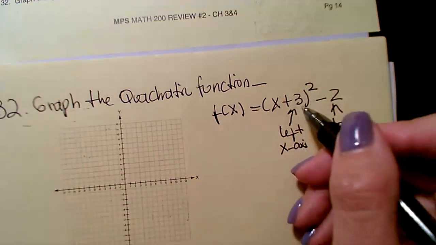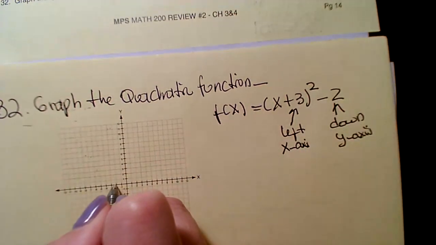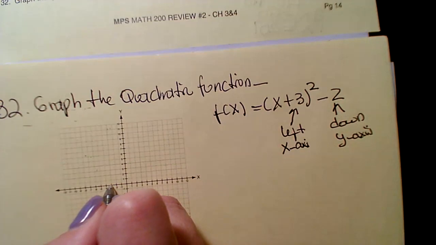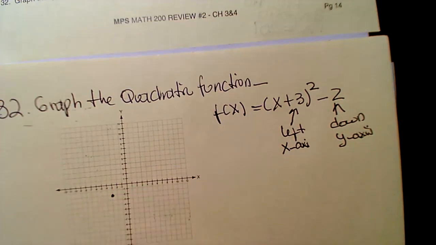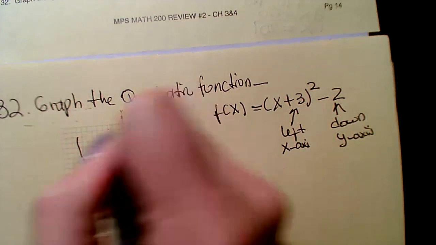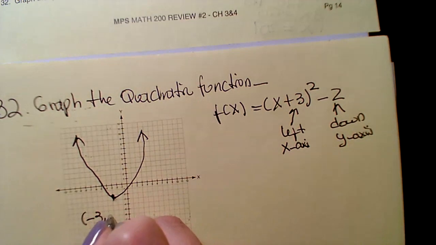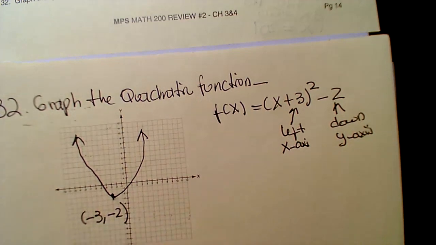This one is the opposite always. So this one is going to be to the left, 1, 2, and 3. And it's negative 2, I'm going down, 1 and 2. Okay? So my vertex here is going to be negative 3, negative 2.